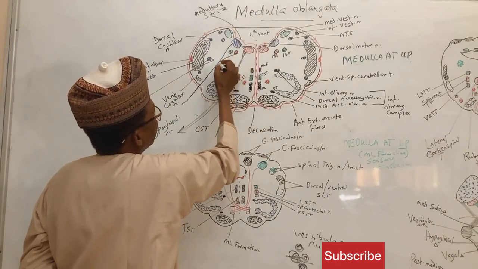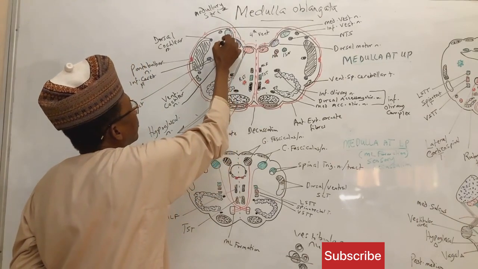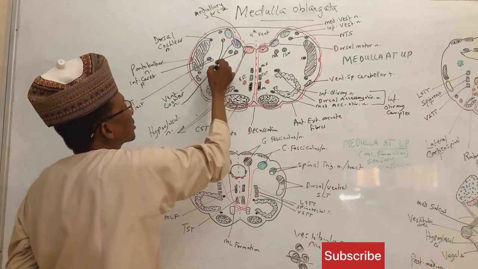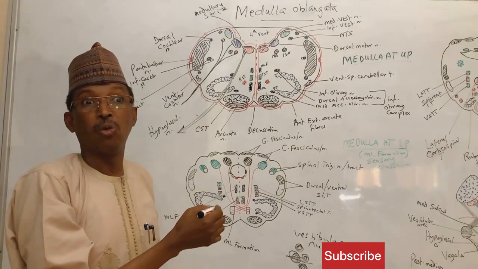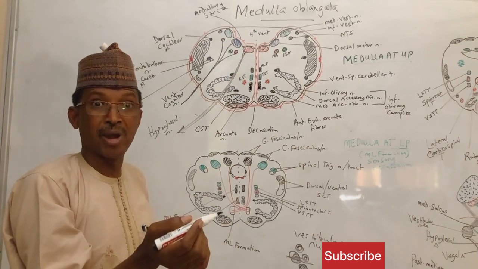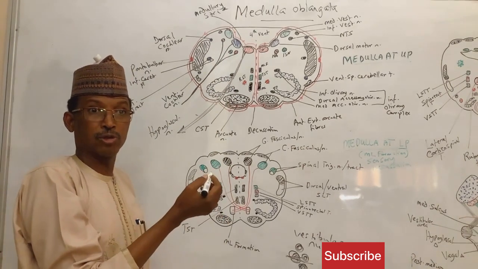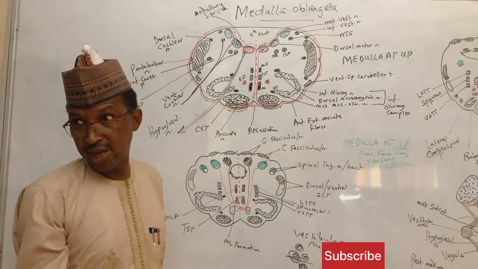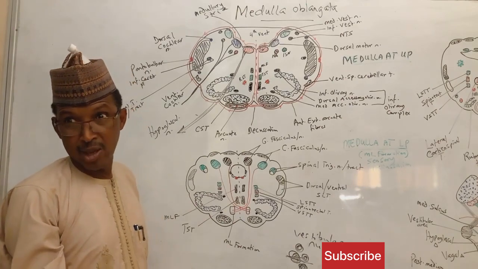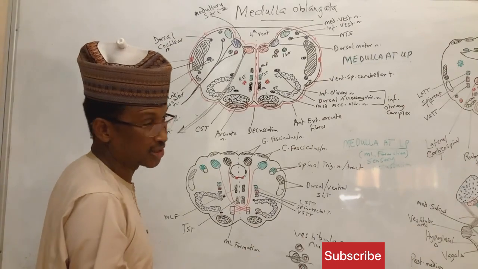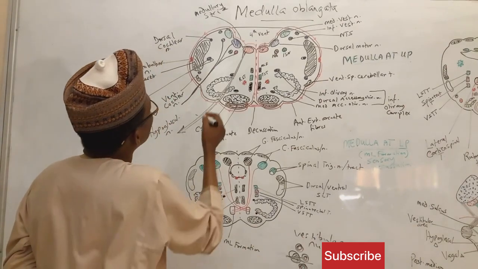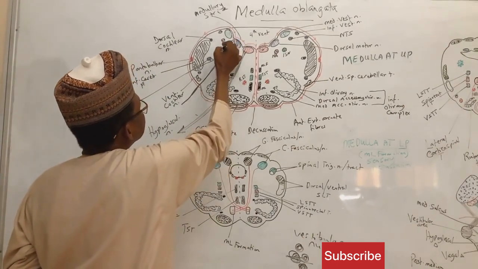So it connects with that. And so we also have the nucleus tractus solitarius, which is responsible for carrying taste sensation from the posterior 1/3 of the tongue, if you can remember. So that is the function of the nucleus tractus solitarius, carrying sensation of taste. Are you clear? As for the facial nerve, we discussed that already. Okay? So now we've seen that.